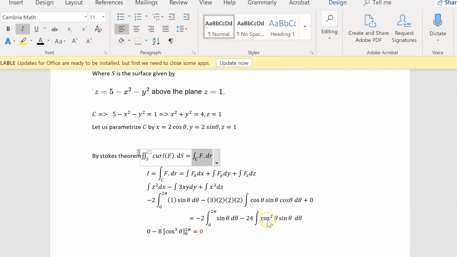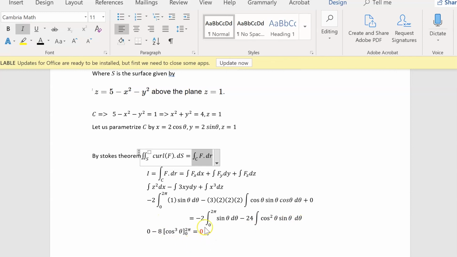Now if you put a u substitution here, u equals cosine theta, you can show that this is actually u cubed, which will give you in the end cosine cubed theta. When you take the derivative of cosine cubed theta, you get 3 cosine squared theta sine theta, so you get the cosine squared theta sine theta term.